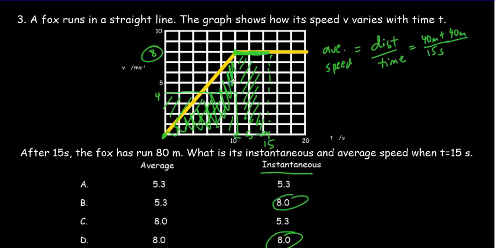Those two will be exactly the same. The area under the curve will equal 40, and if we go at an average speed of 4 meters per second for 10 seconds, we'll go 40 meters. So we end up with 80 divided by 15. 80 divided by 15 is approximately 5.3. So our correct answer is B.